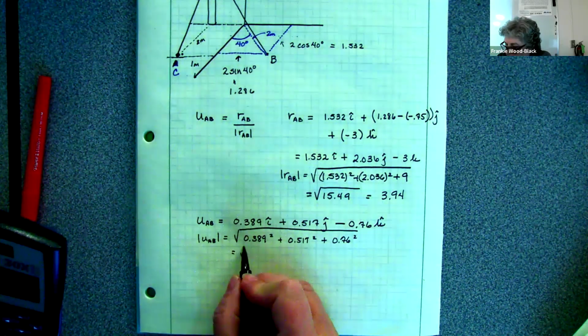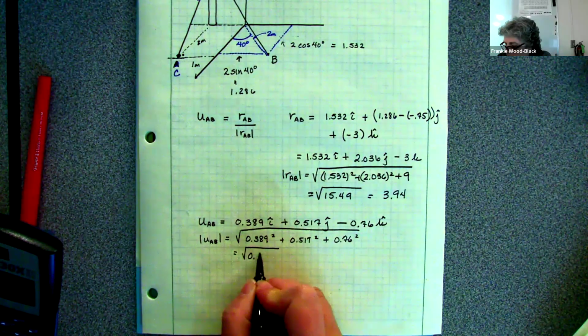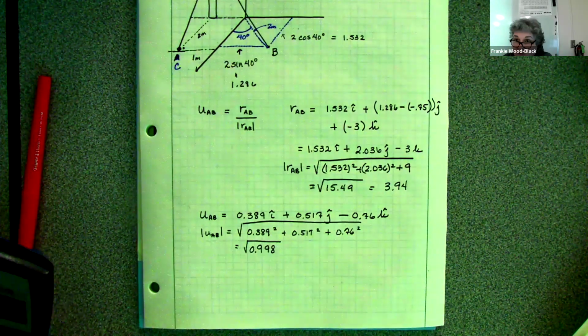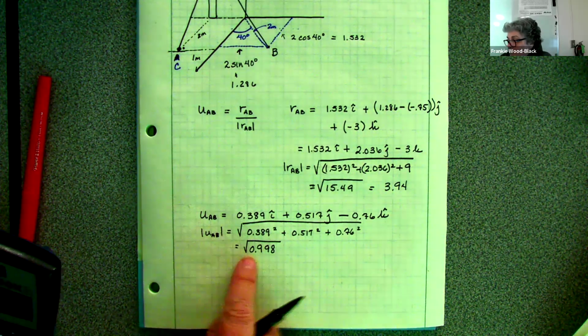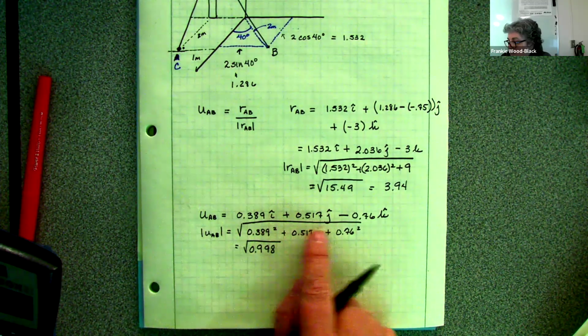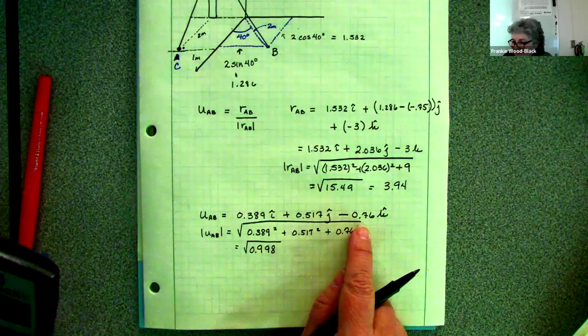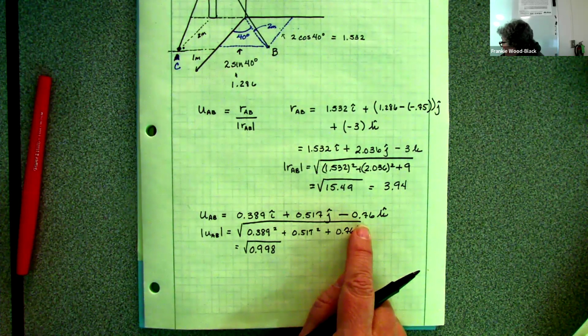And I've got 0.998. So that's off for rounding. But that's a way to check it. The other check is if you know you got something that's over 1, you're in trouble.